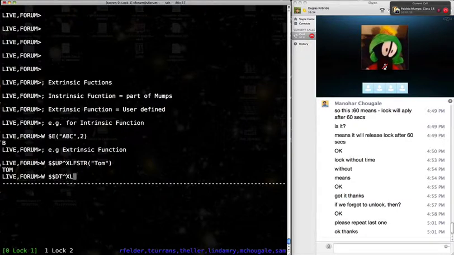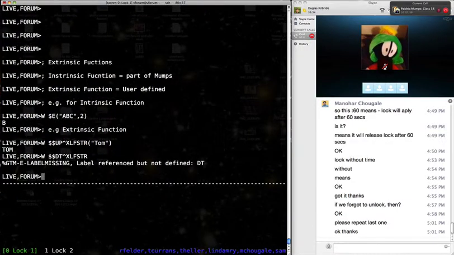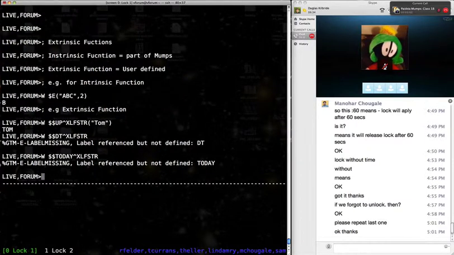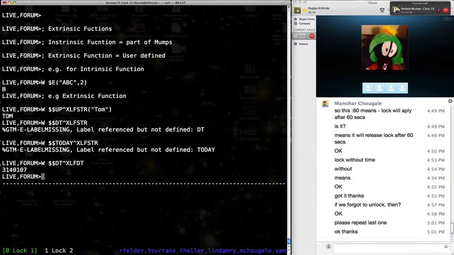You can write $$DT^XLFDT, and maybe it's today. Here you go. That gives you today's date in FileMan format.